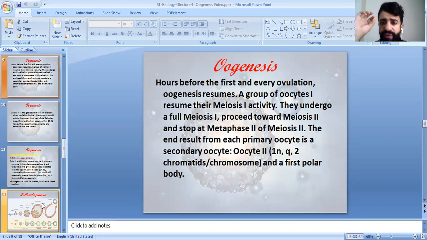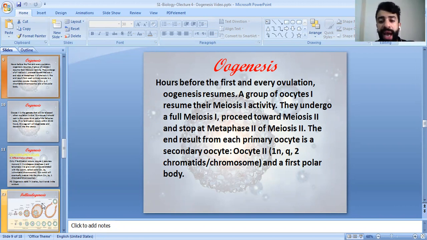Hours before the first and every ovulation, what will happen? Oogenesis will resume, will continue. We said that oogenesis will stop at prophase 1 of meiosis 1. Hours before the first and every ovulation, the oogenesis process will continue. What is the meaning of this?